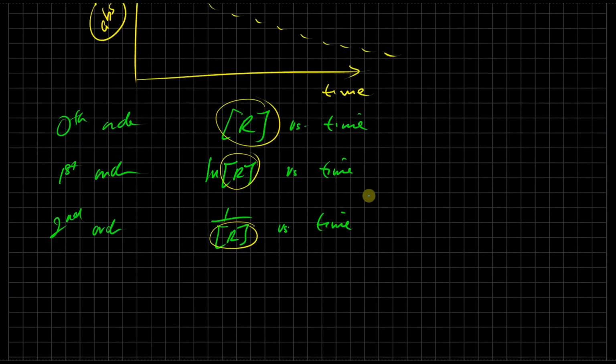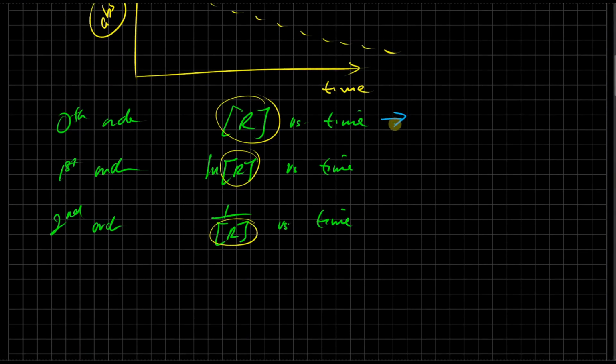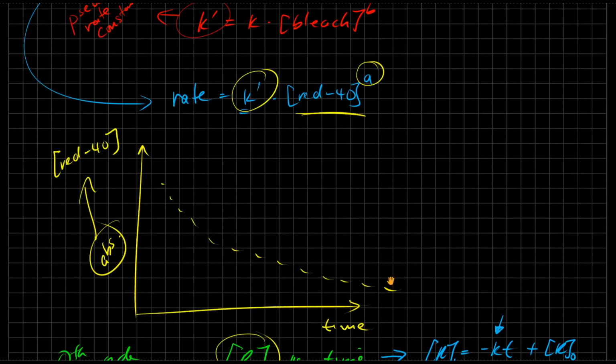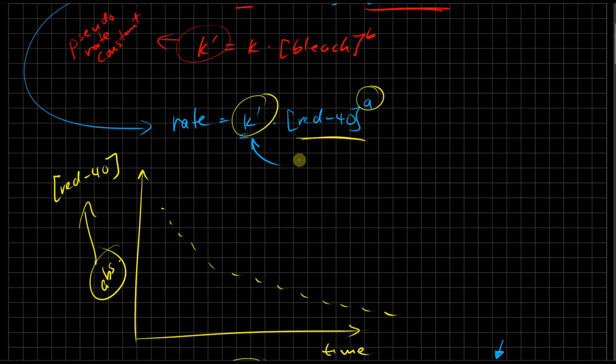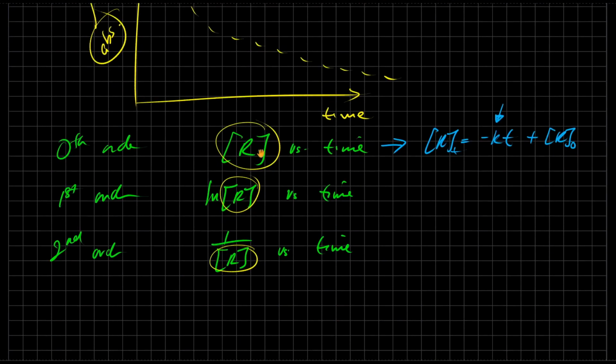So if this plot is a straight line, then just to remind you of the full equation, plus the starting concentration, it means that negative the slope is K, or in this case actually kappa prime, and the order is zeroth order.